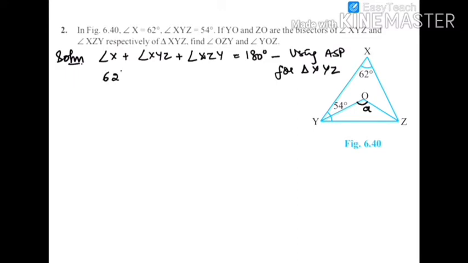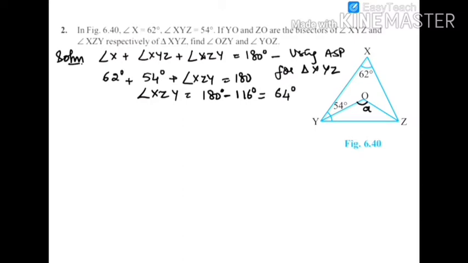So angle X is 62 degrees, angle XYZ is given as 54 degrees. So solving this equation, angle XZY is equal to 180 degrees minus 116, which is equal to 64 degrees.